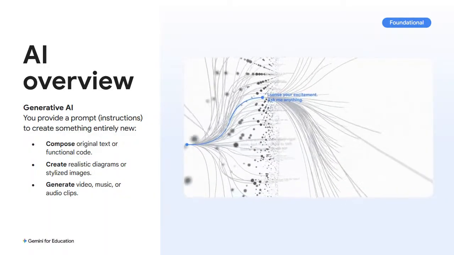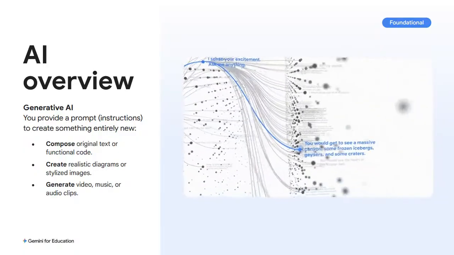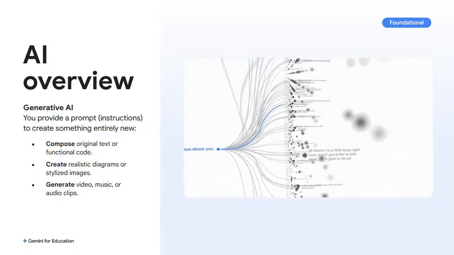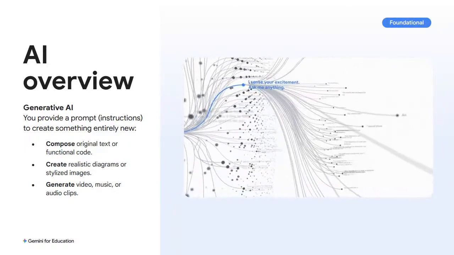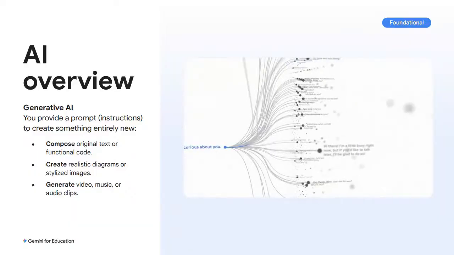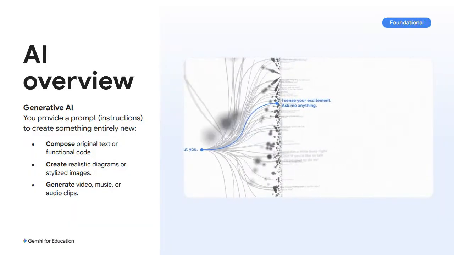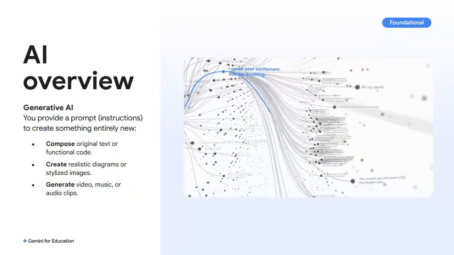You can see in this image that there are so many elements of a web of artificial intelligence, but essentially we are looking at providing a prompt with instructions to create something, whether you're composing text or code or a diagram or even an image and video.